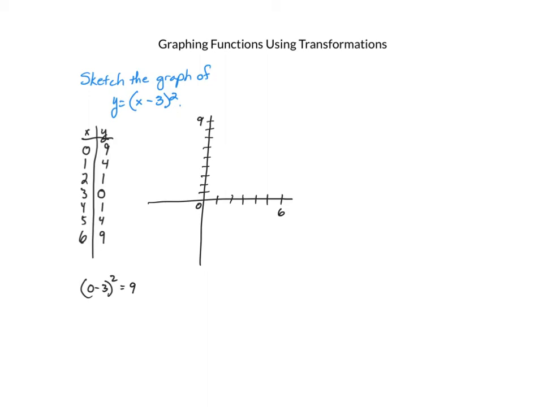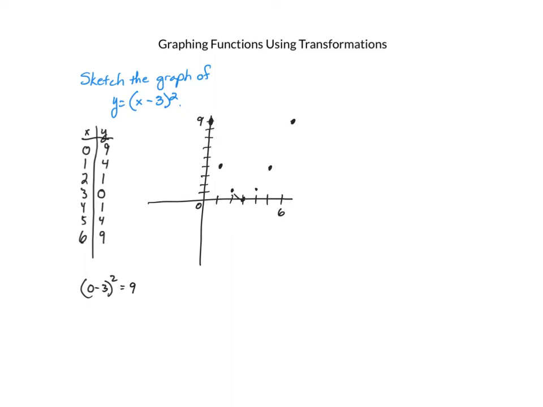So if we plot a few of these points, we would have (0, 9), and (6, 9), (1, 4), and (5, 4), (2, 1), and (4, 1), and (3, 0).